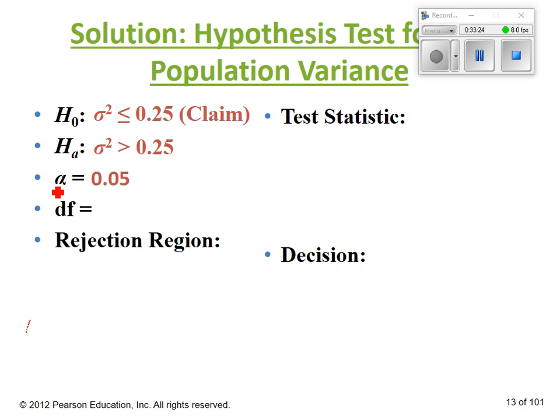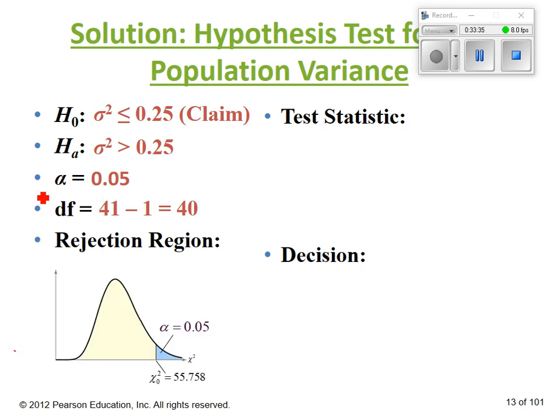Our alpha, 0.05, our DF is 40. We did all that right. Our rejection region should be right-tailed with that 55.758 on it. Then our test statistic. The formula for our test statistic this time is chi-squared equals, what was it?